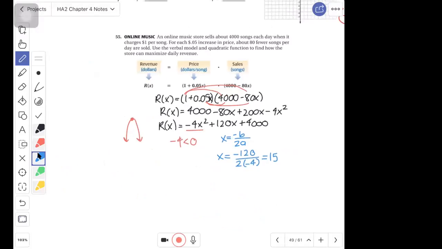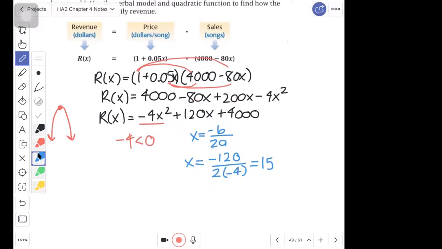We also need to find out what our revenue would be. So we take that 15 and we're going to plug it into our revenue function to figure out what that revenue is when x is 15.